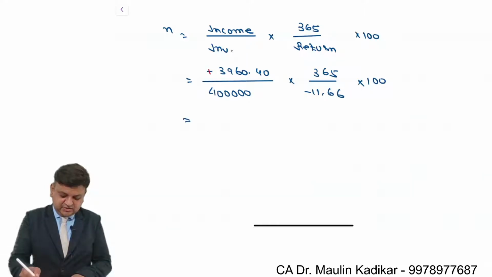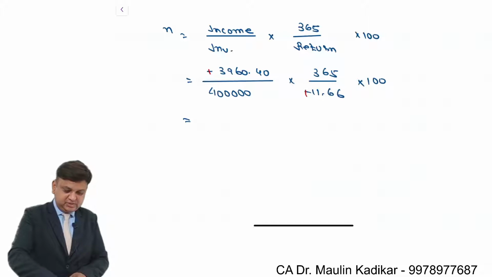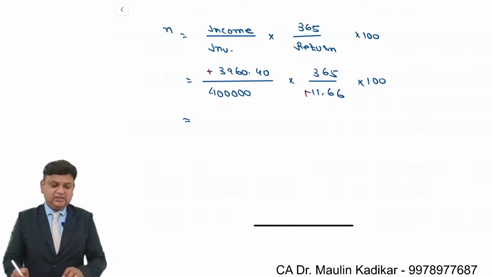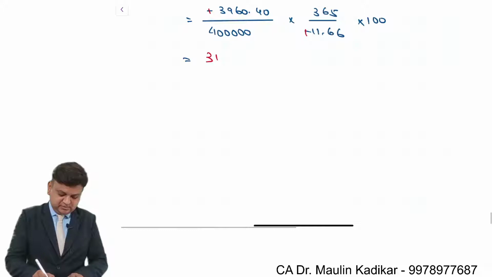So this negative is converted to positive, and this negative is again converted to positive. So 3960.4 into 365 into 100 upon 4 lakhs upon 11.66. That comes to 30.99. That comes to 31 days.